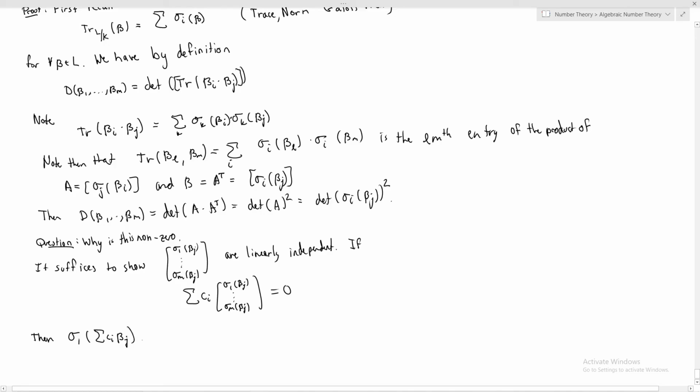This is a sum over j, so the beta sub j should match, and this should be sigma sub i. This guy is equal to 0 for all i between 1 and m.